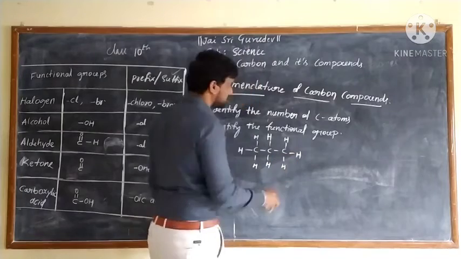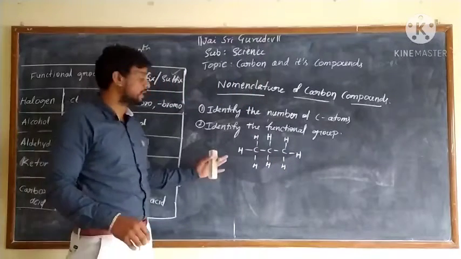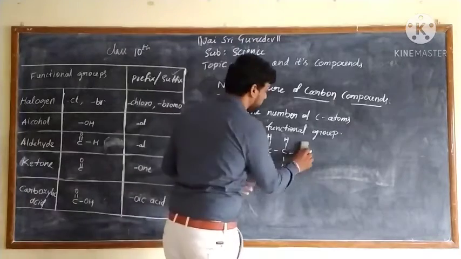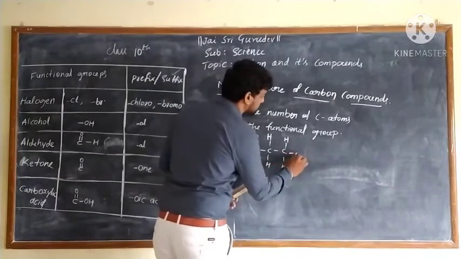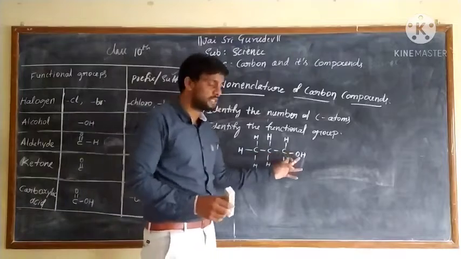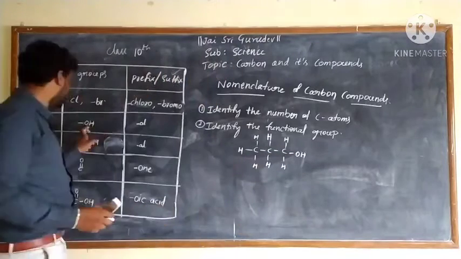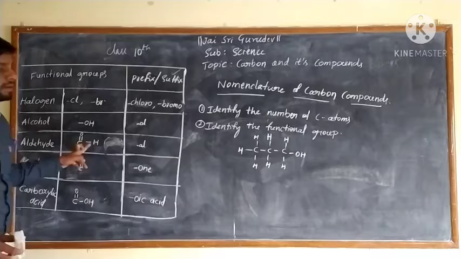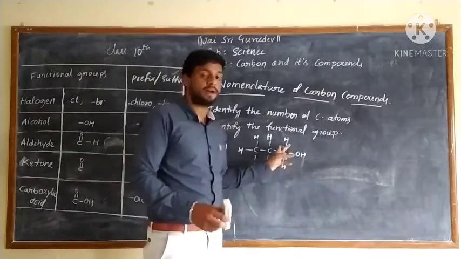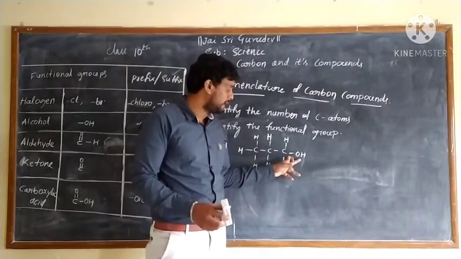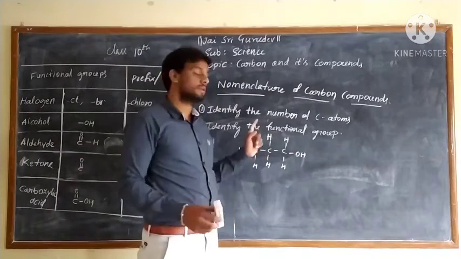Which compound is this? Earlier we saw that this compound is propane. If a hydrogen in propane is replaced by OH, which functional group is this? OH is the formula of alcohol, the hydroxyl group, which has replaced a hydrogen atom in propane.